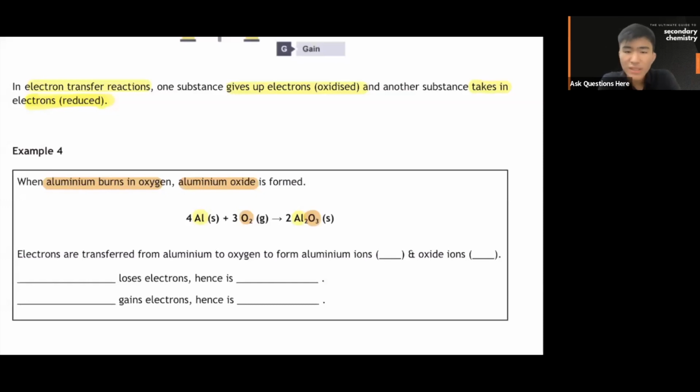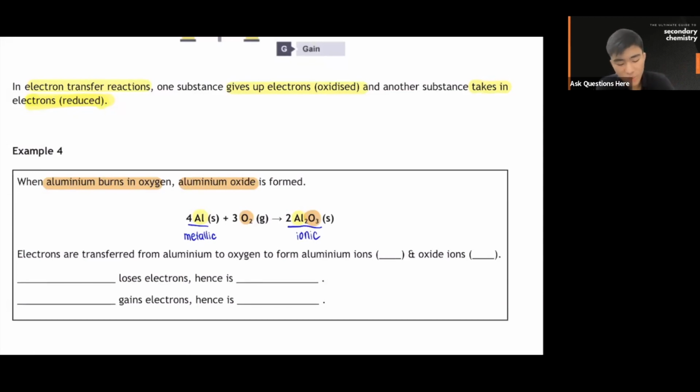But what we can also deduce from here is that this is a metal, and the predominant bonding in this is known to be metallic bonding. Whilst when we look at Al2O3, it is going to be an ionic bonding because metal plus non-metal is ionic bonding, right?